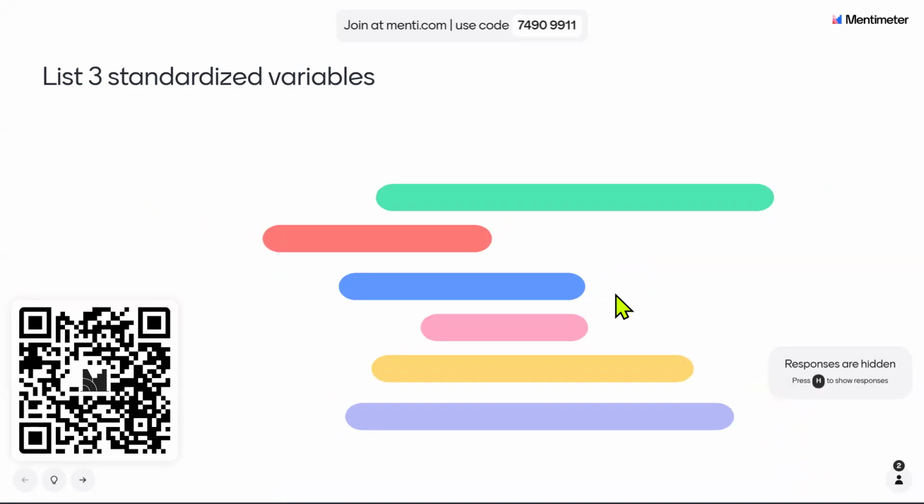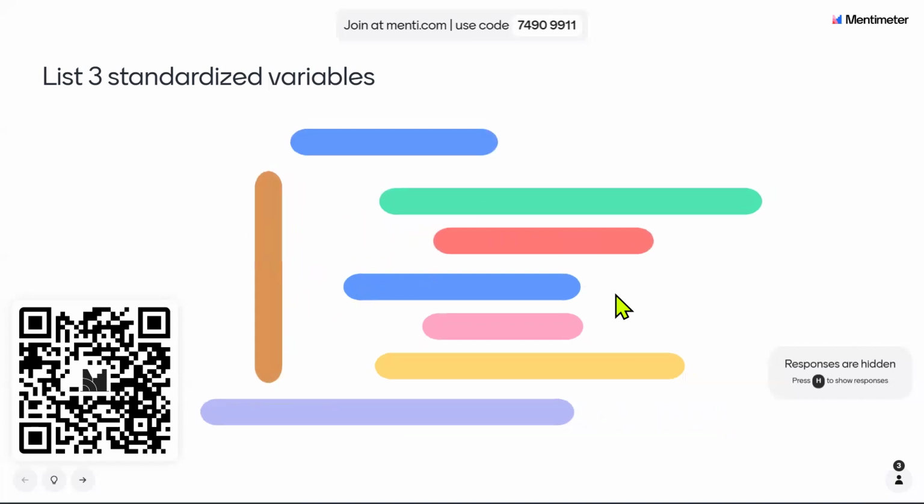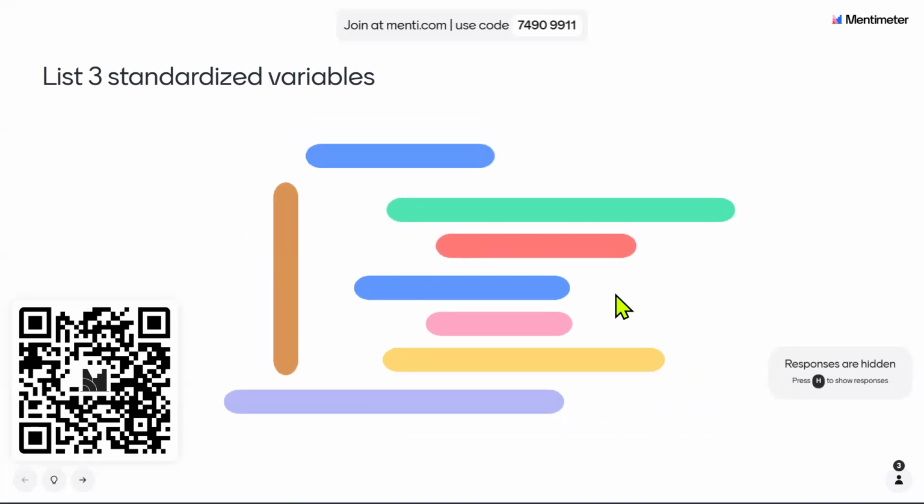So if you feed cows with more protein, do you expect to have more milk production? If you're doing that experiment, what would be 3 standardized variables? That's it. The answers so far. Keep them counting.